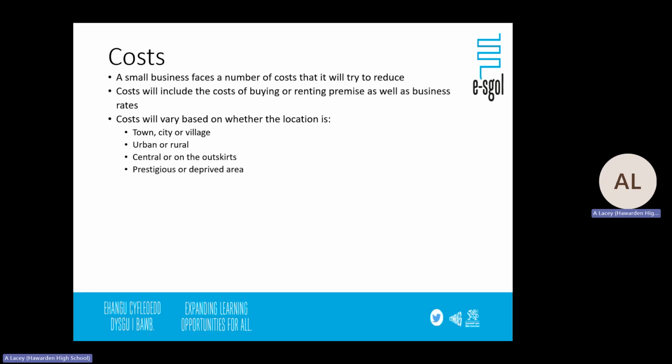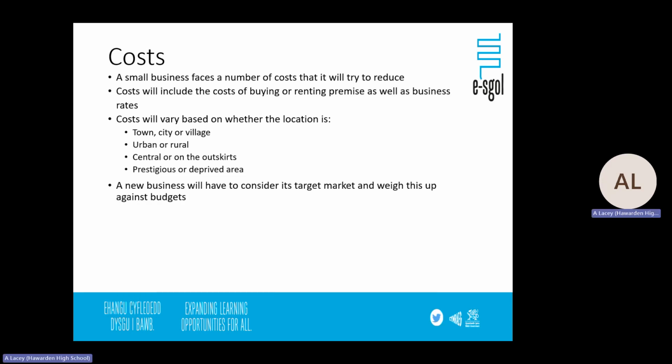You also need to think about your target customers and where they would most like to see you set up. If you want to get customers into the store itself, it will depend on where is best for your customer base.